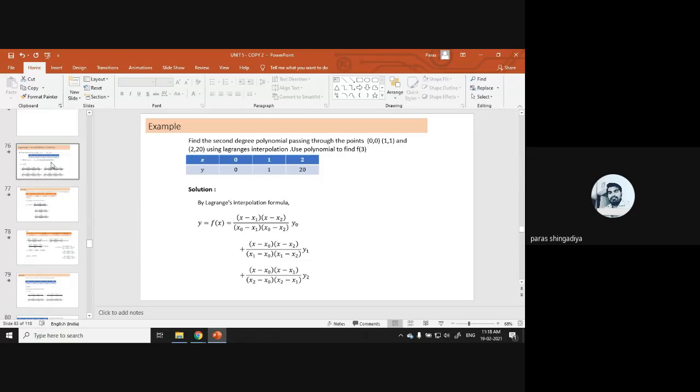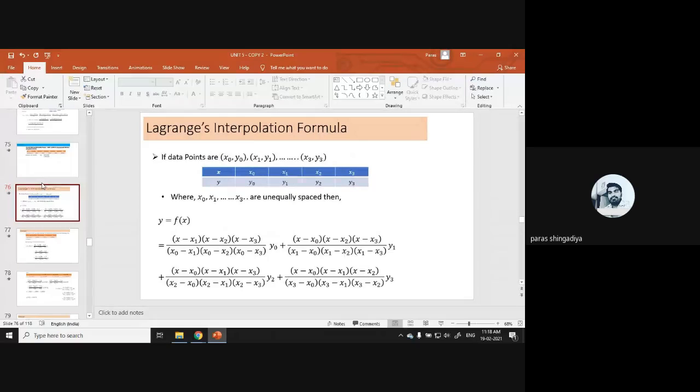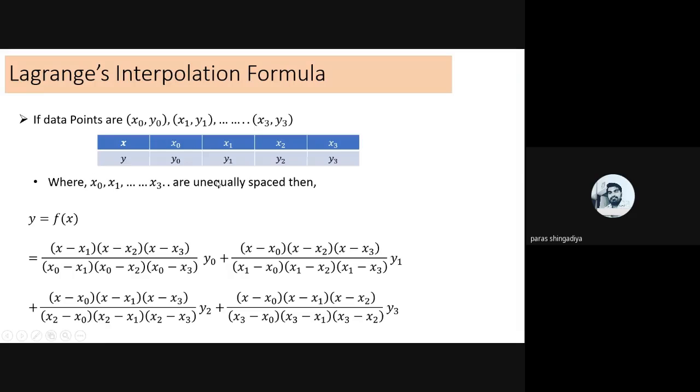Okay, so in the last lecture, we had completed Newton forward and Newton backward, and then we started this third method to predict the intermediate value based on the given tabulated form. If it is unequally spaced data, for equally spaced we have two methods: one is the forward and second is the backward.